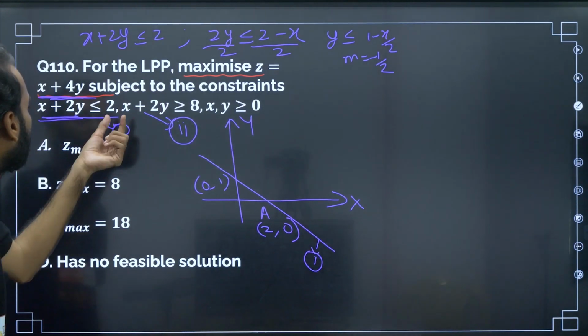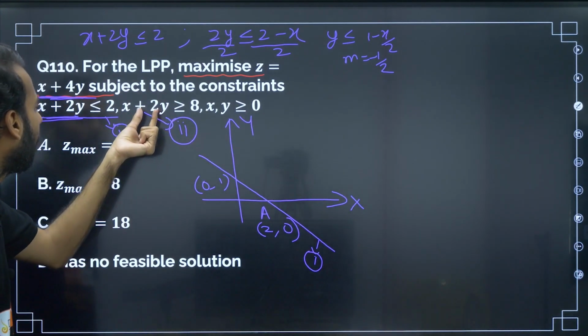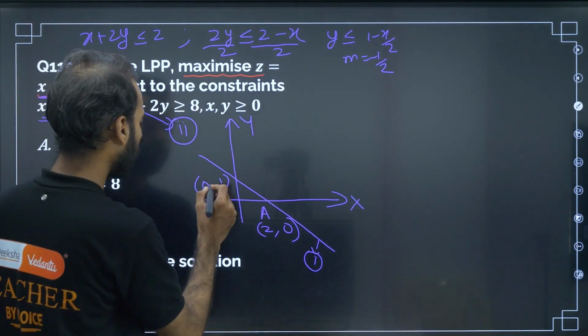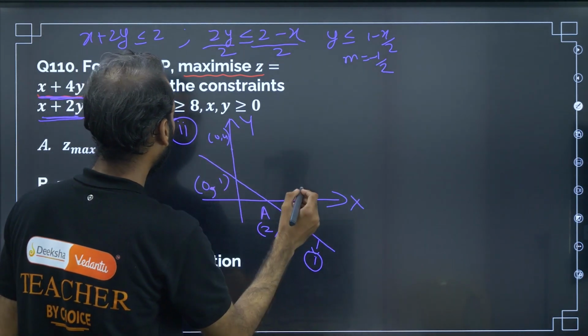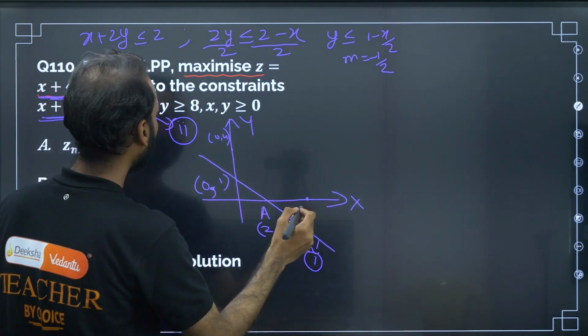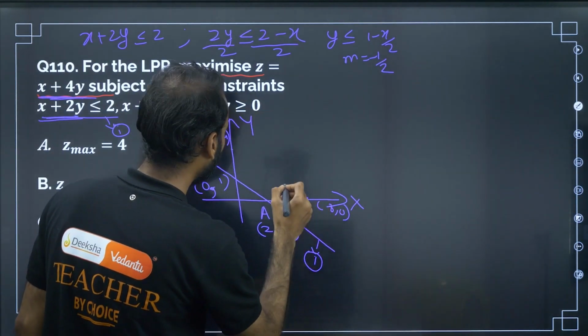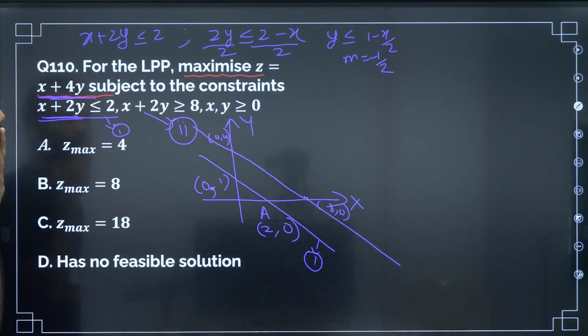And then for x plus 2y equal to 8, same slope, everything will be the same, but only this constant is different. So if I place x as 0, y is 4, which will be somewhere here, and one more point, if I place y as 0, x is 8, so 8 comma 0. Next, if I join them, this line will be something like this.